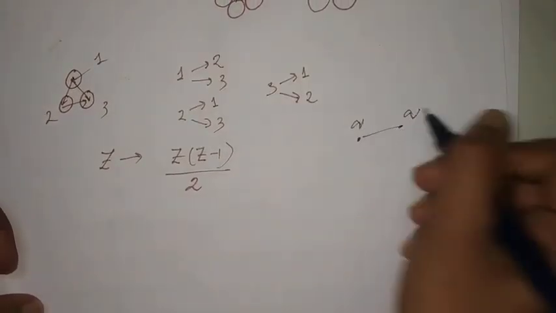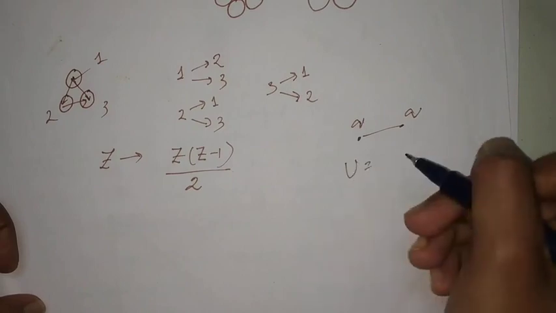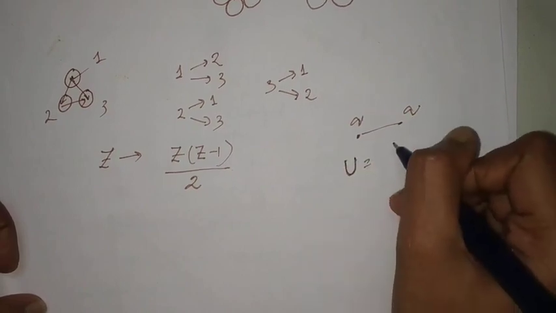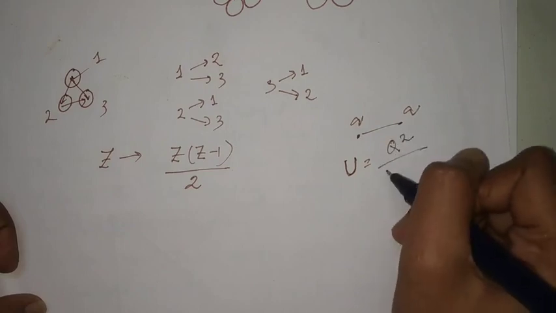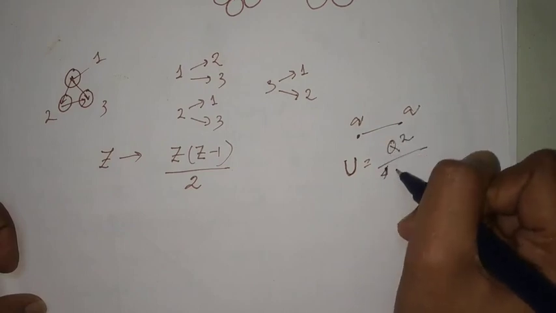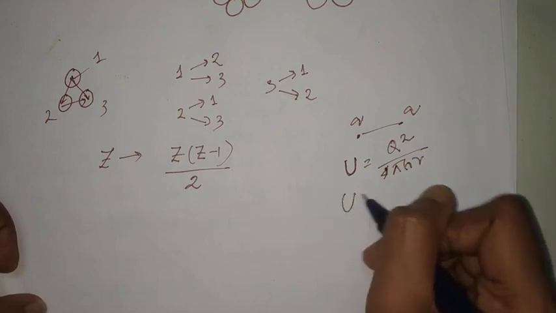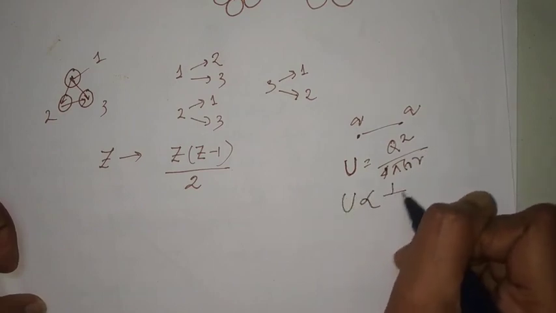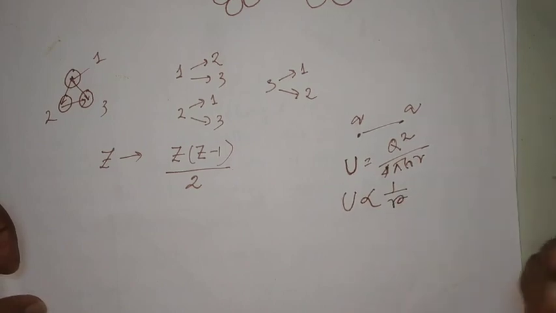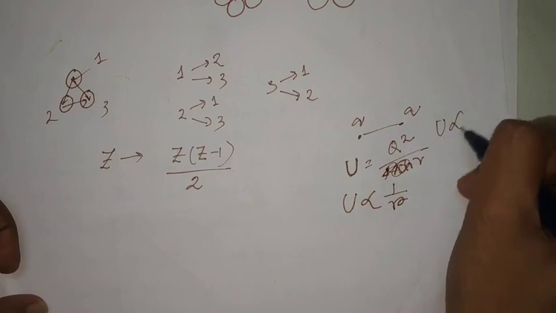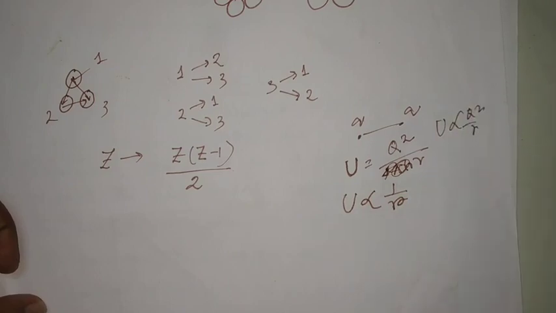Suppose we have 2 charges Q, then the potential energy is Q square by 4 pi epsilon 0 R. So this Coulomb electrostatic potential energy is proportional to 1 by R, something like U proportional to Q square by R.